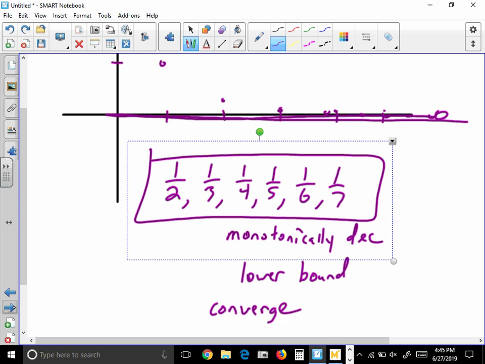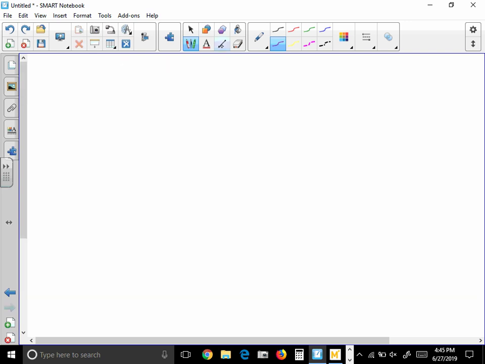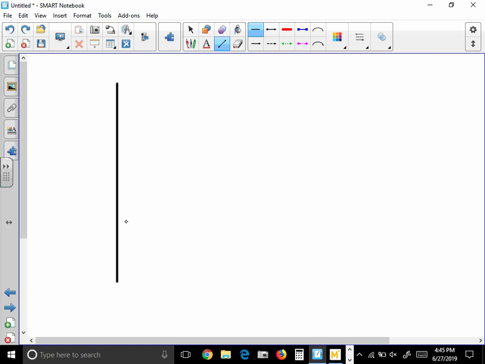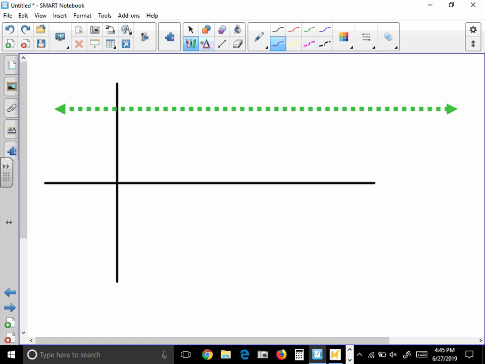Think about horizontal asymptotes. Horizontal asymptotes apply to functions, but a sequence is just a special adaptation of a function. If we have a horizontal asymptote, if we're approaching that horizontal asymptote that way, aren't our points getting higher and higher?